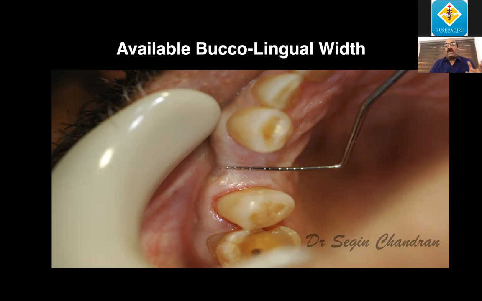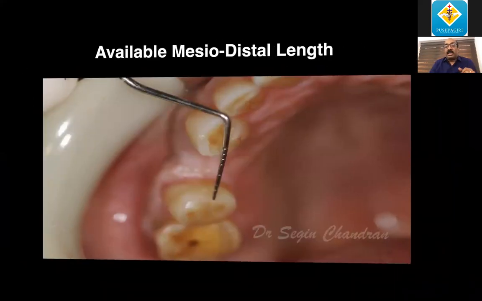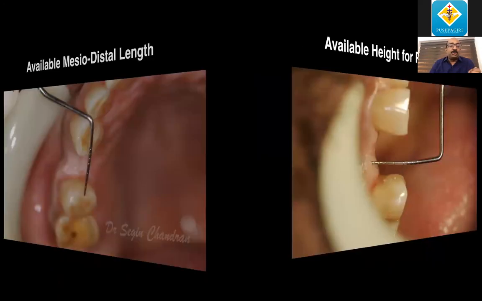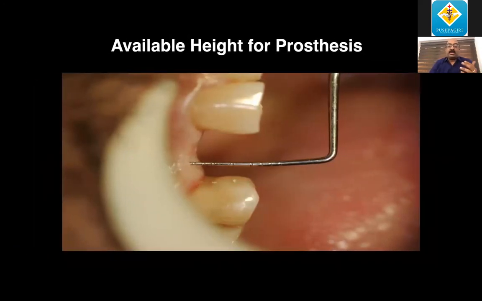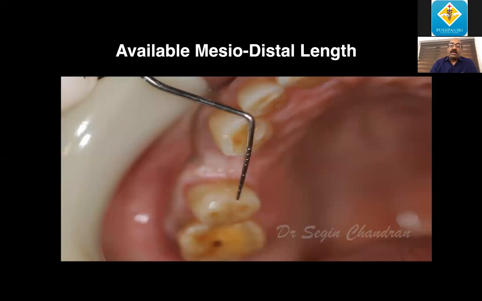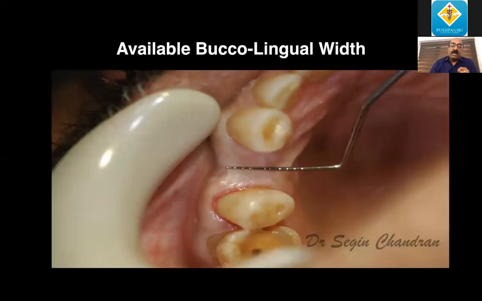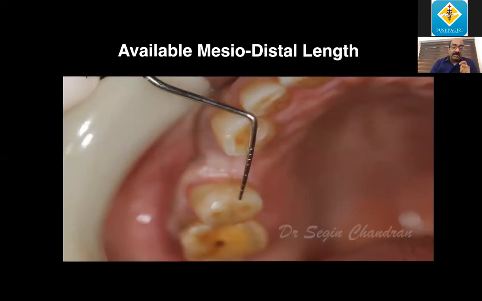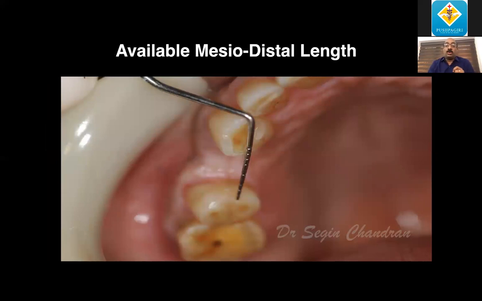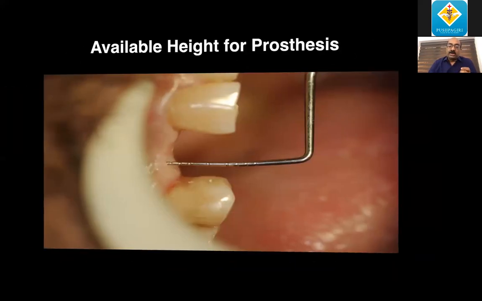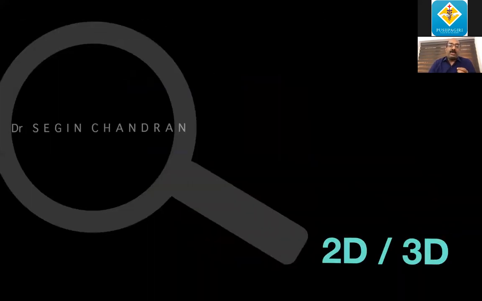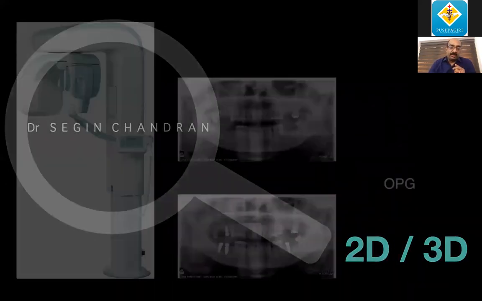How do we calculate the amount of bone in a clinical scenario? Previously, we were all used to measuring the depth and the inter arch distance and the prosthetic space available, and even the mesiodistal length and the buccolingual length, everything with an assumption. It was more of a guesswork. And most of the time we used to get fooled because of the thickness of the soft tissue, and the availability of bone is entirely different.